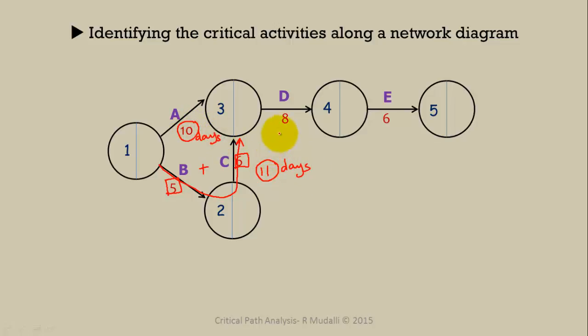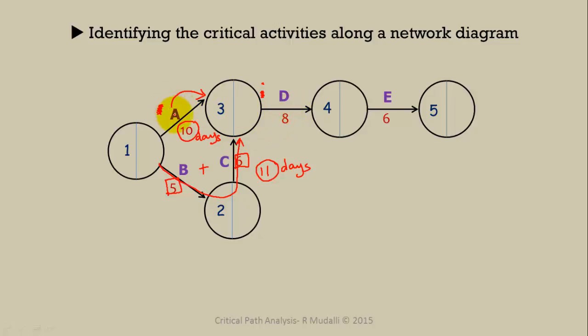So what does that mean? That means that activity D cannot start unless these activities are over. So even if A finishes up, D cannot start. But once B and C are finished, D can start. So it means that A is not critical. B and C are critical actually because they will determine when D really starts.